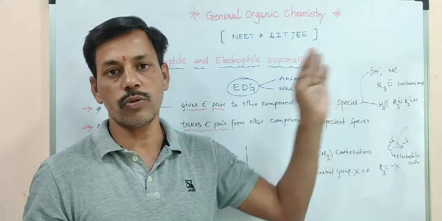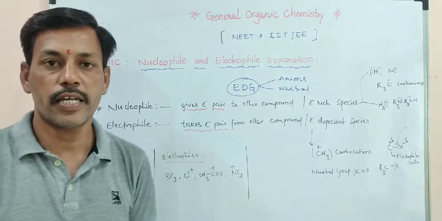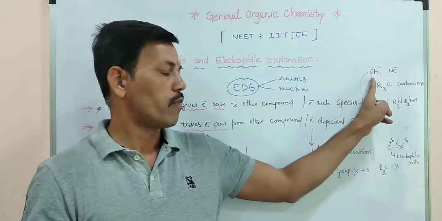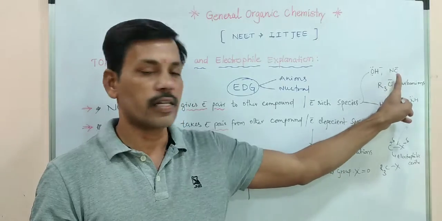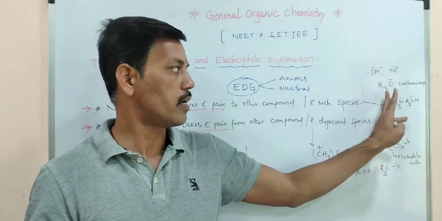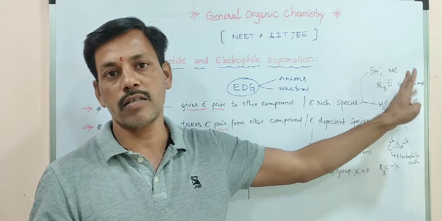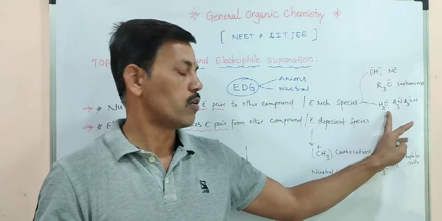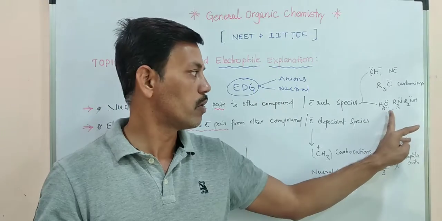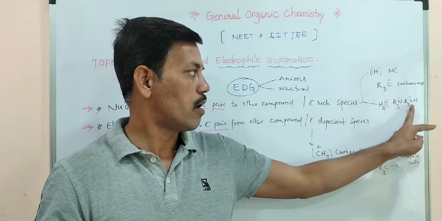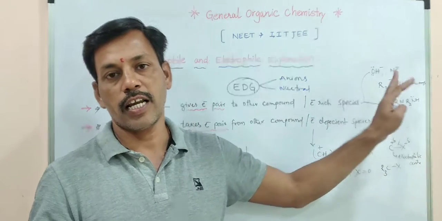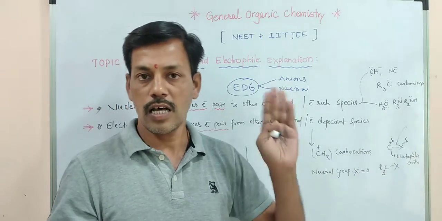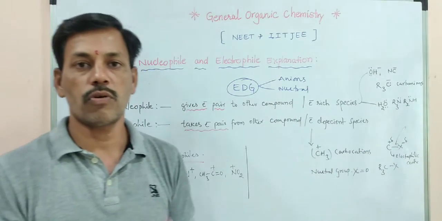So these nucleophiles may be negatively charged or neutral. Examples: OH minus, CN minus and R3C minus, carbanions are nucleophiles. If you see the neutral molecules, H2O water molecule, R3N and R2NH, secondary amines and tertiary amines, these are also nucleophiles.